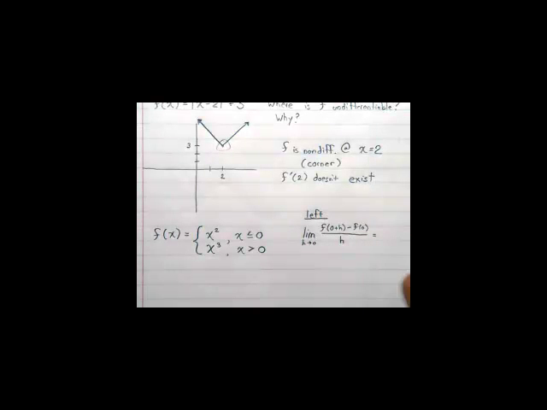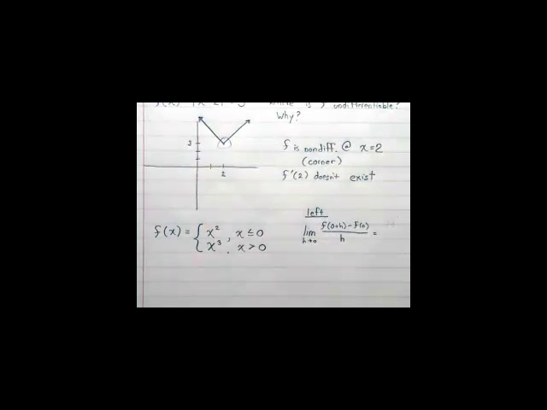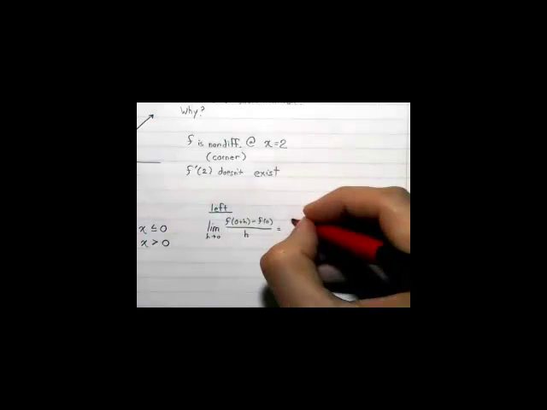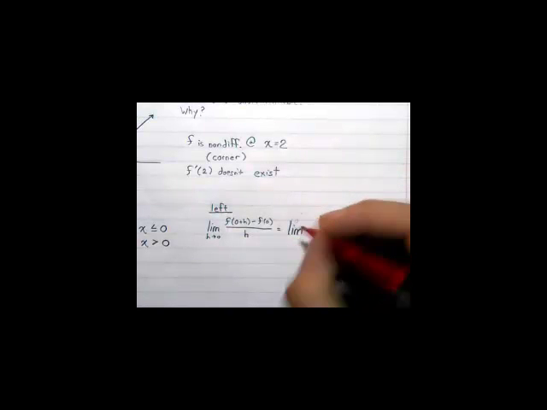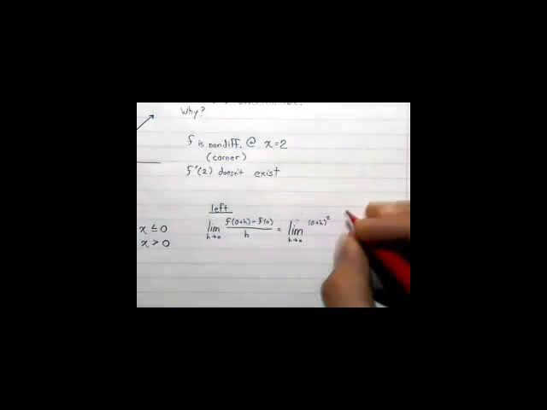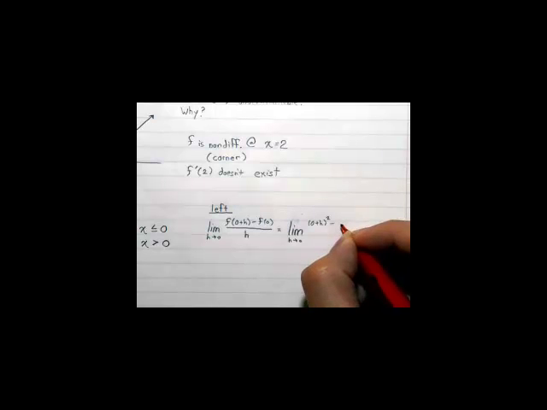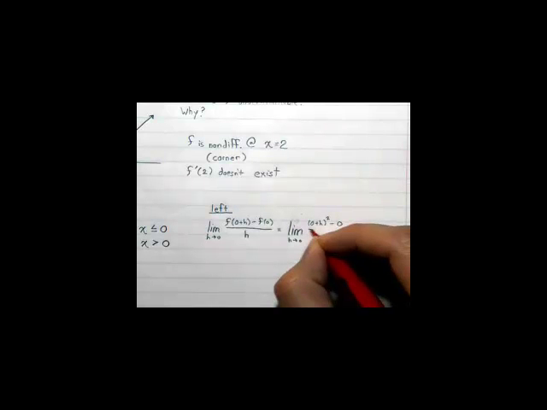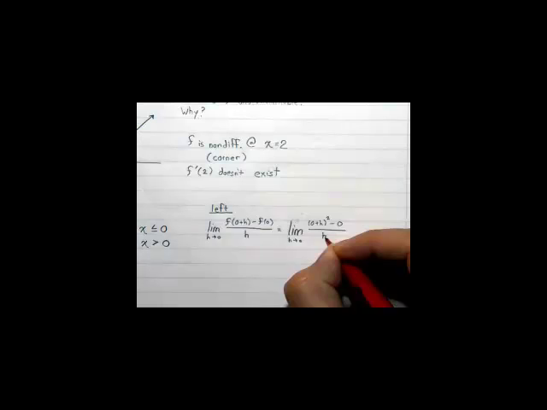So f of 0 plus h, whoops, I got to write my limit again, would be the limit as h goes to 0 of (0 plus h) squared minus f of 0, which is 0, all over h.